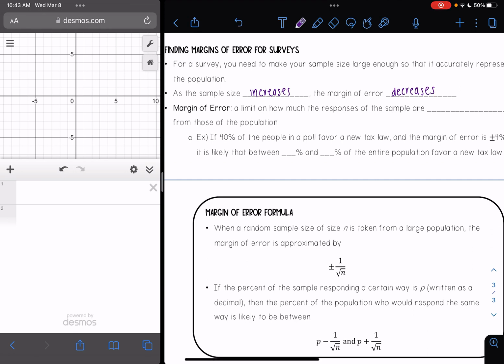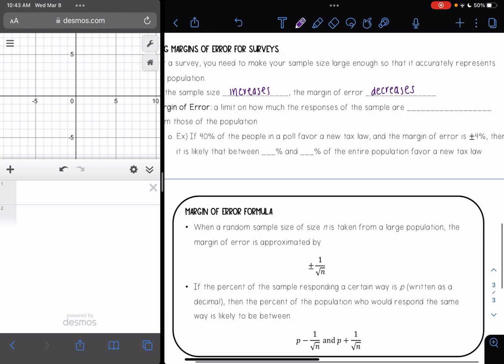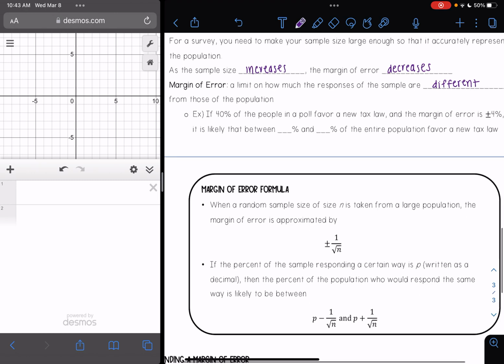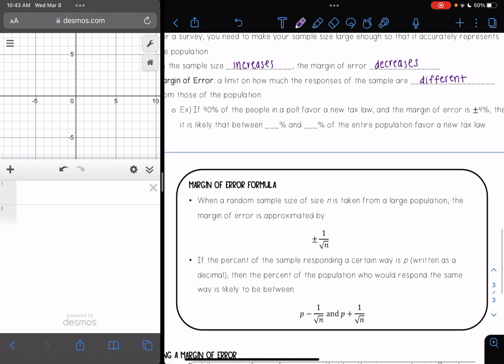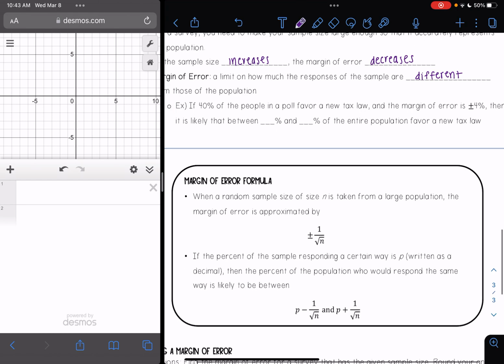Well, the margin of error is a limit on how much the responses of the sample are different from those of the population. So for example, if 40% of the people in a poll favor a new tax law and the margin of error is plus or minus 4%, then it's likely that between 36% and 44% of the entire population favor a new tax law.